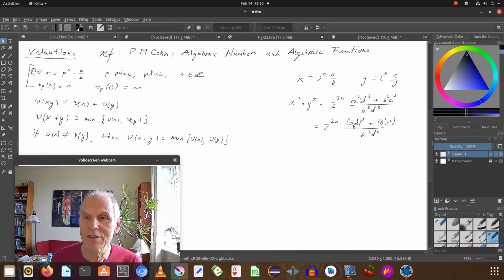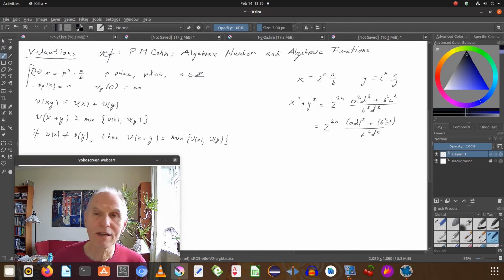So this is the square of an odd number, and this is the square of an odd number. If we work modulo 4, this is 1 modulo 4, and this is equivalent to 1 modulo 4. So the sum is equivalent to 2 modulo 4. That means it's even, but the valuation of this sum is 1. And that gives us the formula.